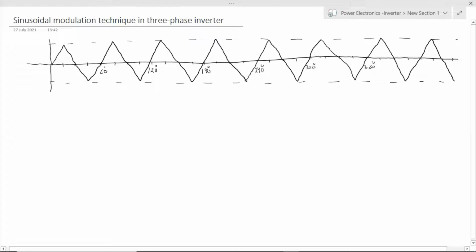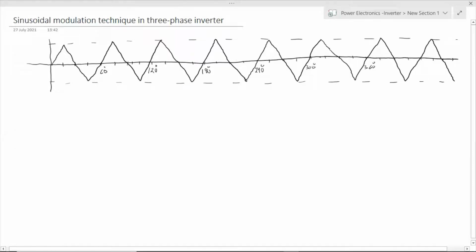Okay, so let me draw my first modulating signal. So 60 to 120, this should be 90. This is 30.